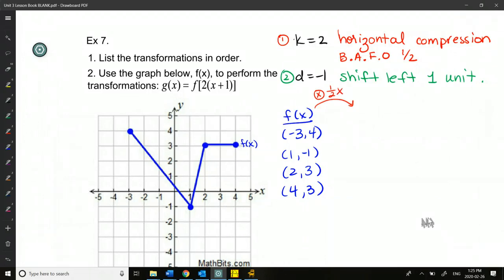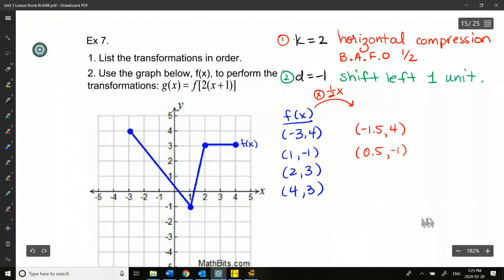The y's will stay the same throughout this whole thing because there's no changes to the y's. So our new points: half of -3 is -1.5, y stays the same. Half of 1 is, of course, 0.5, y stays the same. Half of 2 is 1, and half of 4 is 2. So here's what our graph looks like.